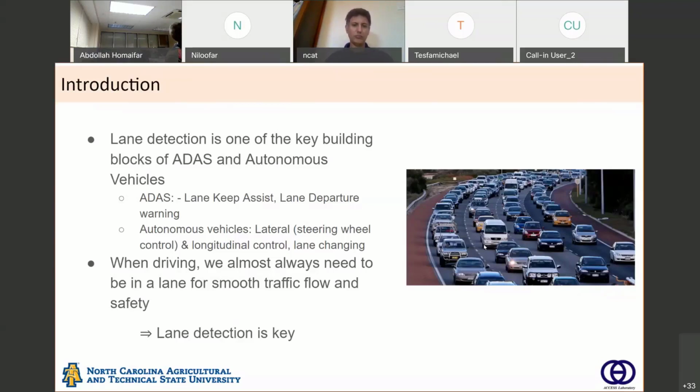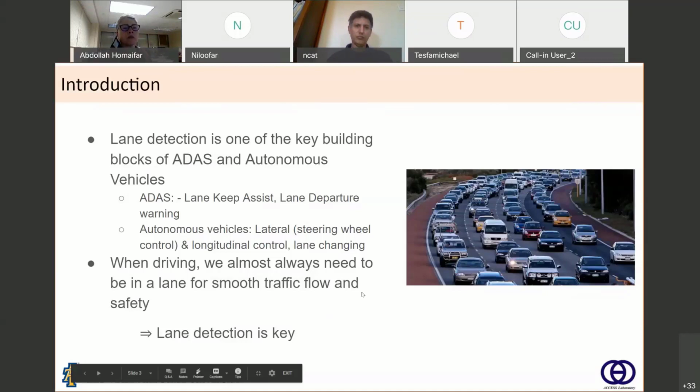So whether we're driving in highways or in urban roads, we must almost always be in the lane for our safety. So the point is, lane detection is really important for advanced driver assistance systems as well as for autonomous driving.